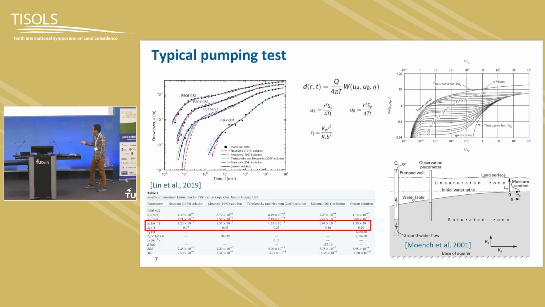There's another thing to mention: from the typical test results, there are different methods to apply curve fitting to your observation results. From Neuman to the lattice present result here, you can also find that at the same single well, you may have a different result. So it makes a lot of uncertainty if you use the storage coefficient from the typical pumping test.